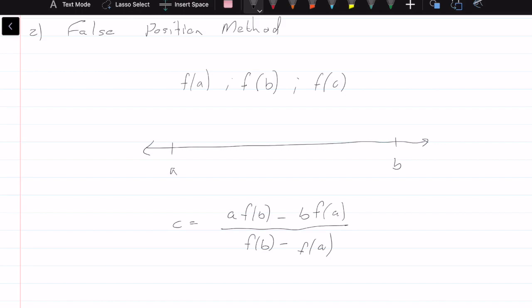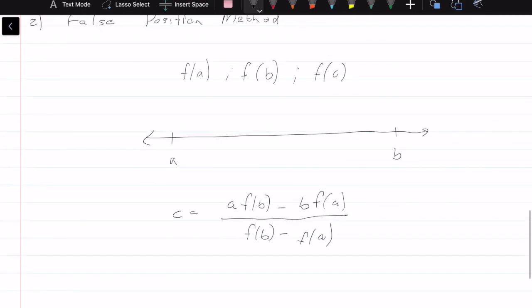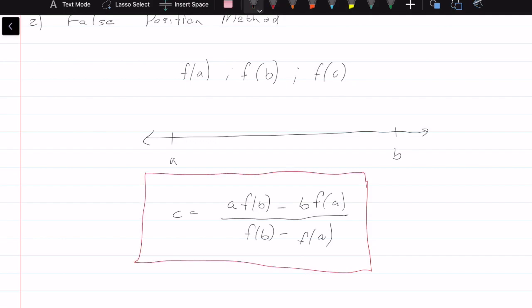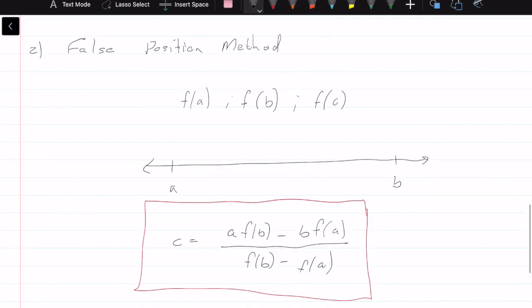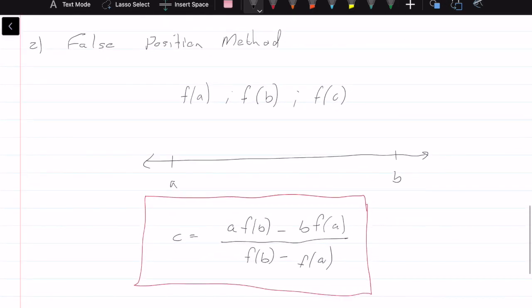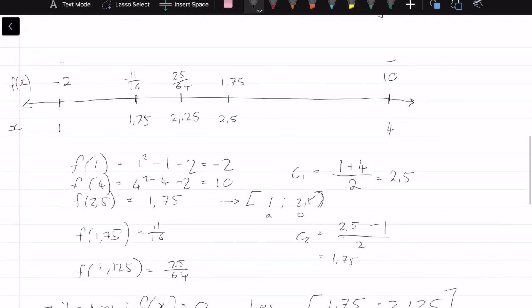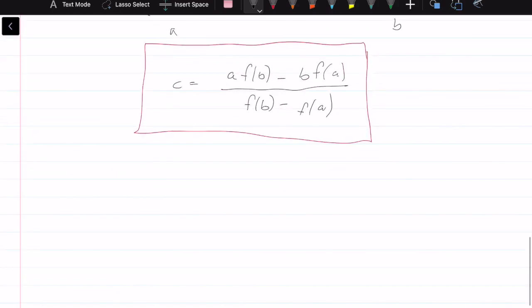That's basically all you really need to know. This is the most important equation for this section, and we can get straight into an example just to see how this method works. We're going to use the same example as last time. So f of x is equal to x squared minus x minus 2.